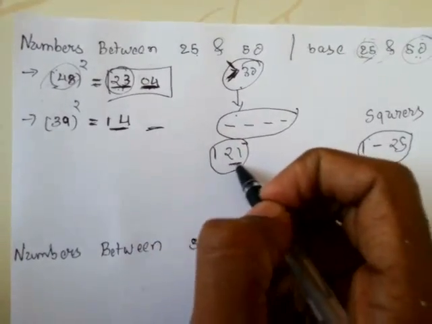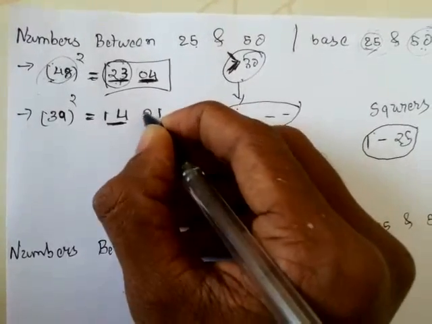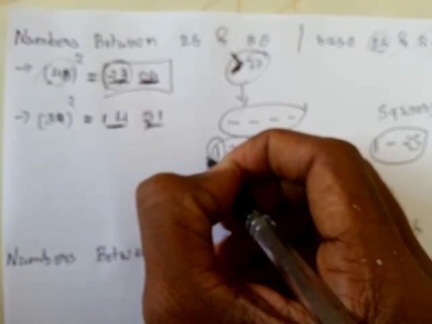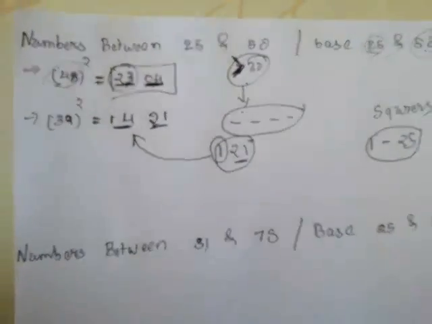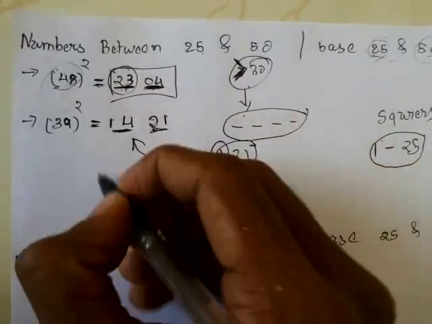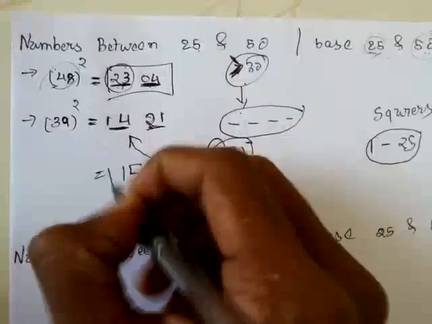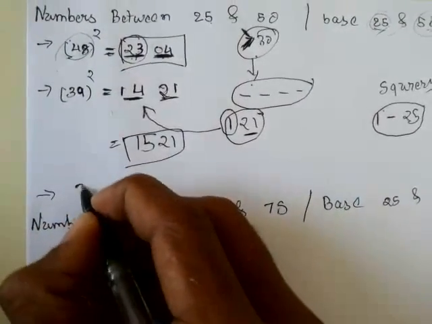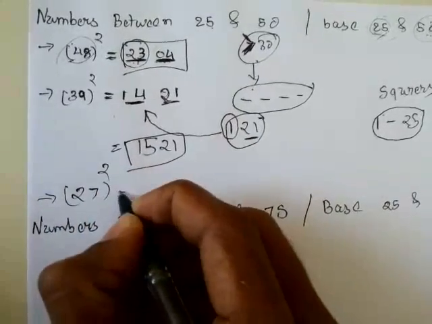So what we will do, we will put 21 here and we'll carry forward the 1 here, so it will become 1521.